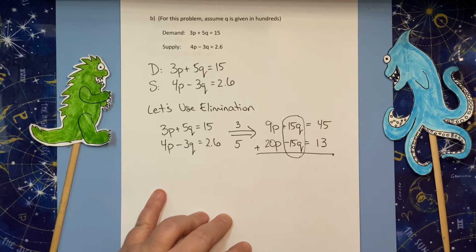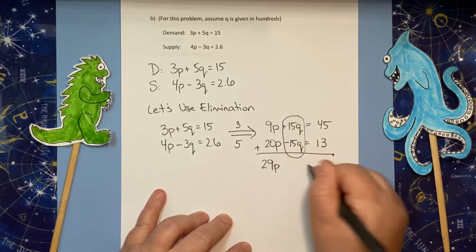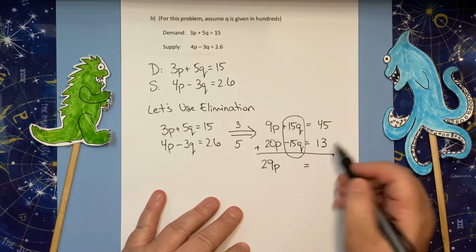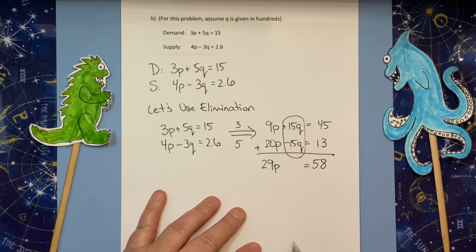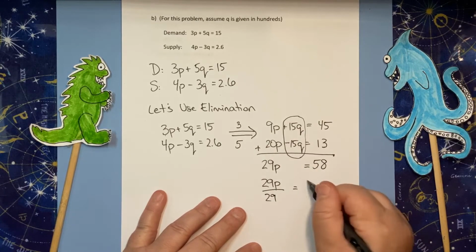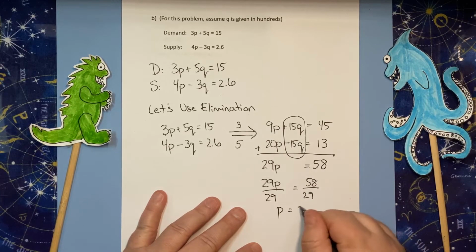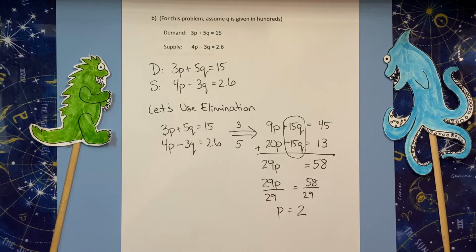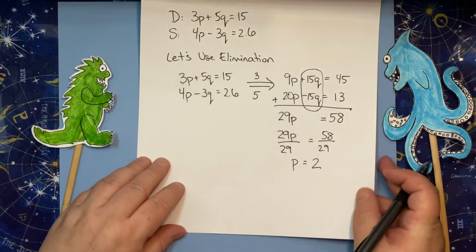And all we have left is 9P plus 20P, so that's 29P equals 45 plus 13 is 58, which looks horrible, but it turns out that 58 is divisible by 29. It's just 2. So P is 2, and we assume P is in dollars. We aren't given much more information.